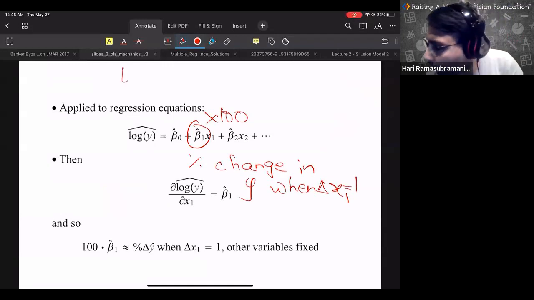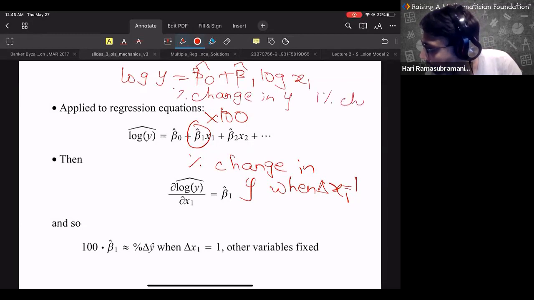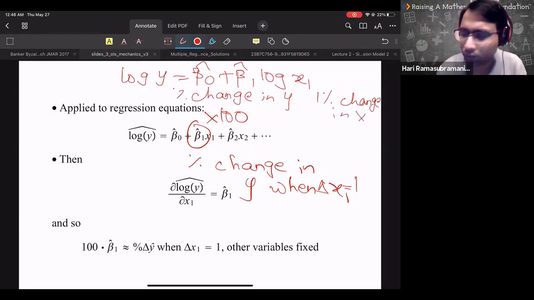Okay. So the log can be interpreted as a percentage change. If you have log on both sides, it becomes an elasticity measure. If you have log on both sides, then you're measuring the percentage change in y because of a 1% change in x. Okay.